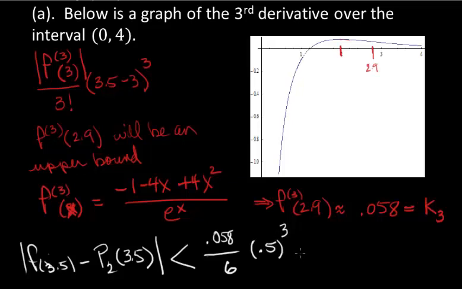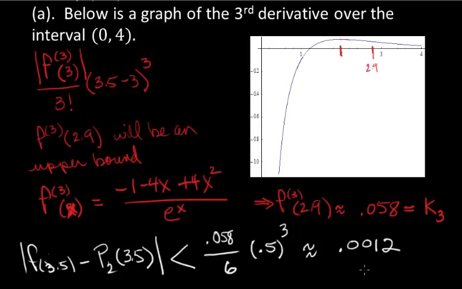Put that into your calculator and you get 0.0012. So the second degree Taylor polynomial gives us an excellent estimate of the function at 3.5.